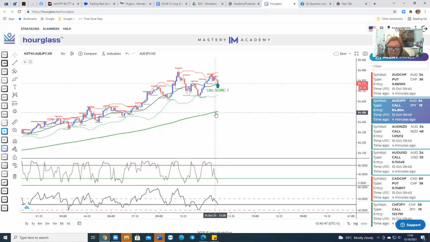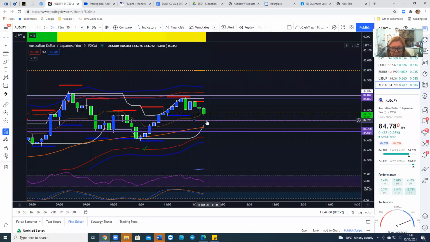HourGlass giving us 1 minute to go. Could decide it's coming down to that 750, which is the quarter point, I think.